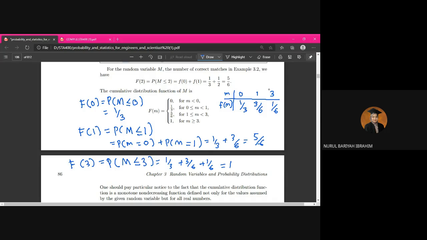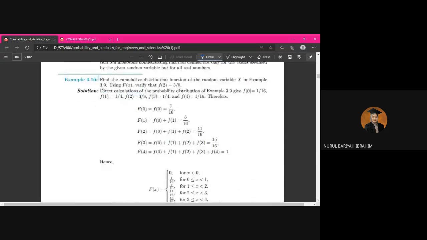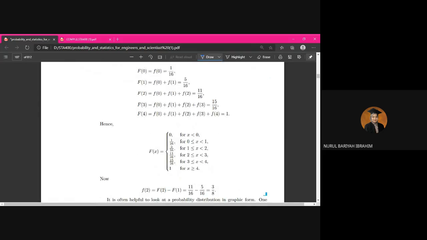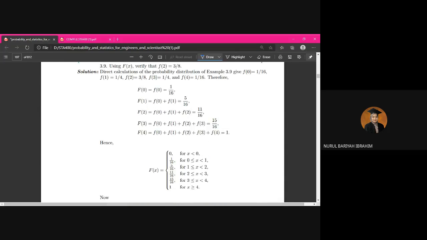Okay, so ini adalah cumulative distribution function for this situation, for this example. Okay, let's see this one. This one pun sama.